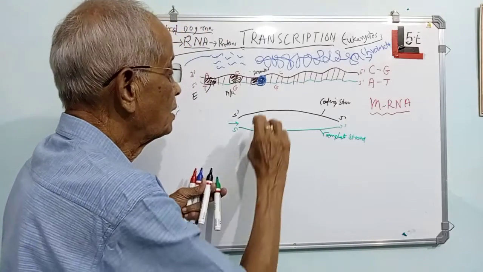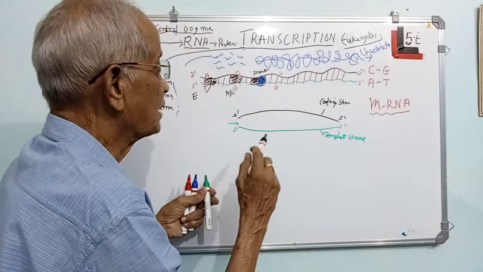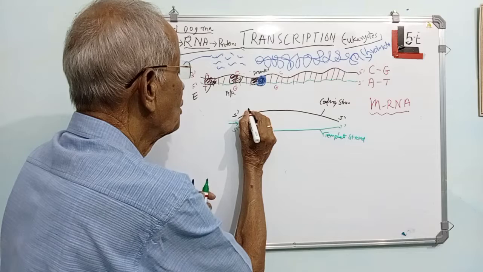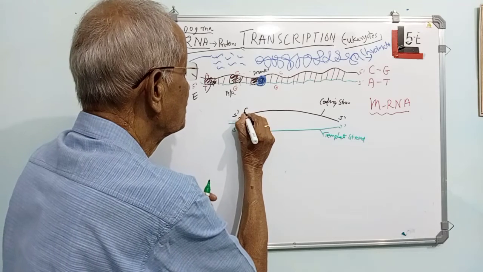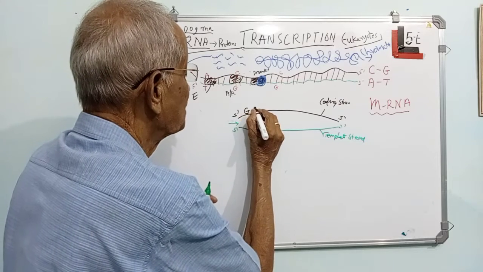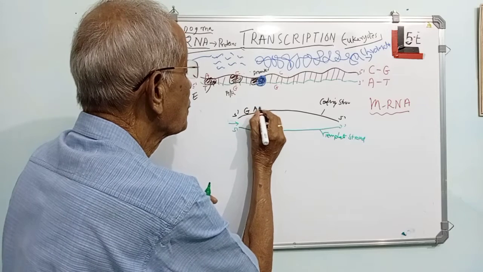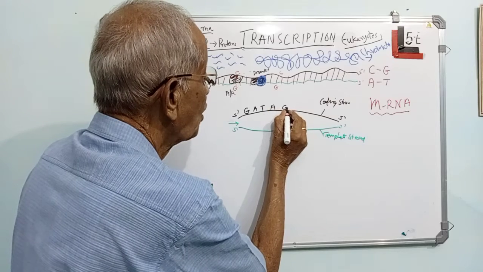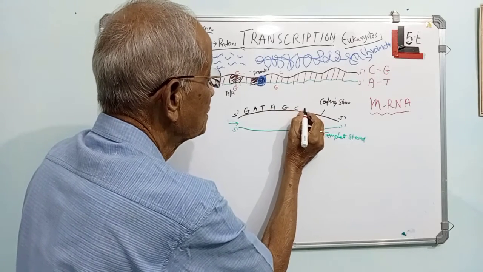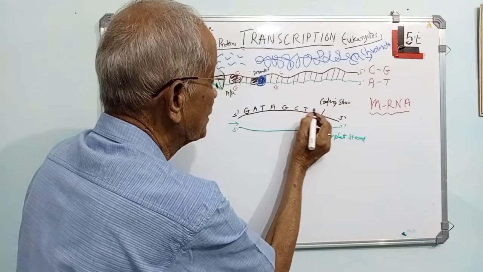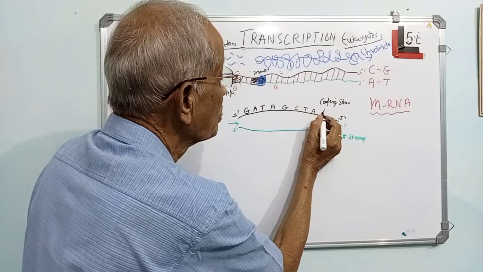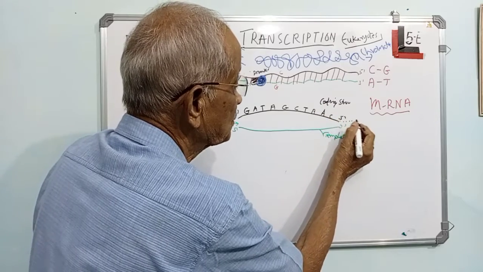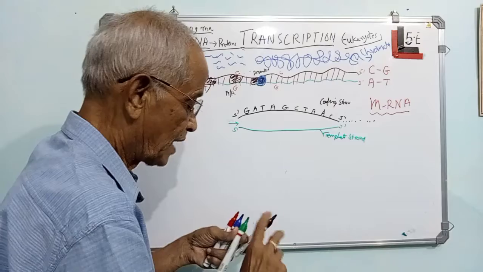Now if you want to know how it happens, we will just write here some of the bases: guanine, let's say adenine, thymine, adenine, guanine, cytosine, thymine, adenine, cytosine, like that it continues for a long time.